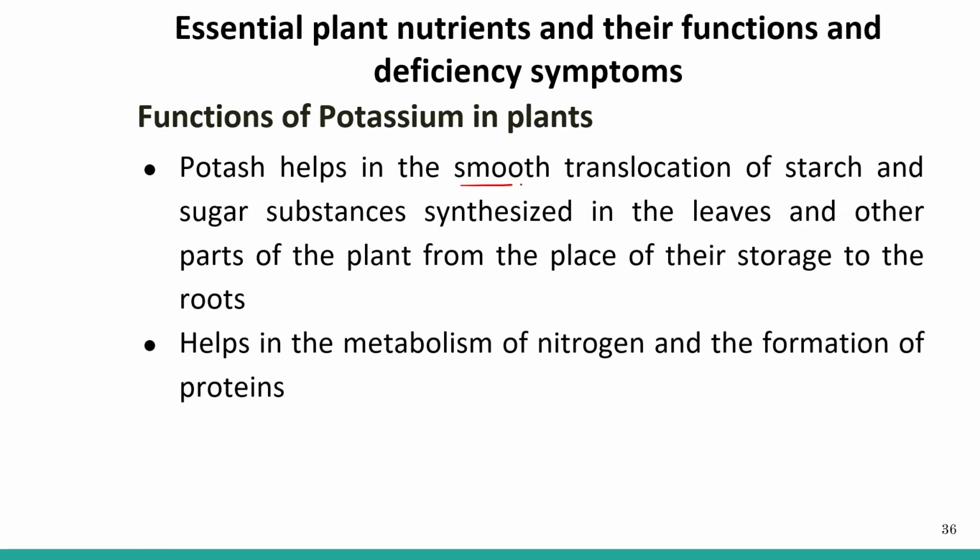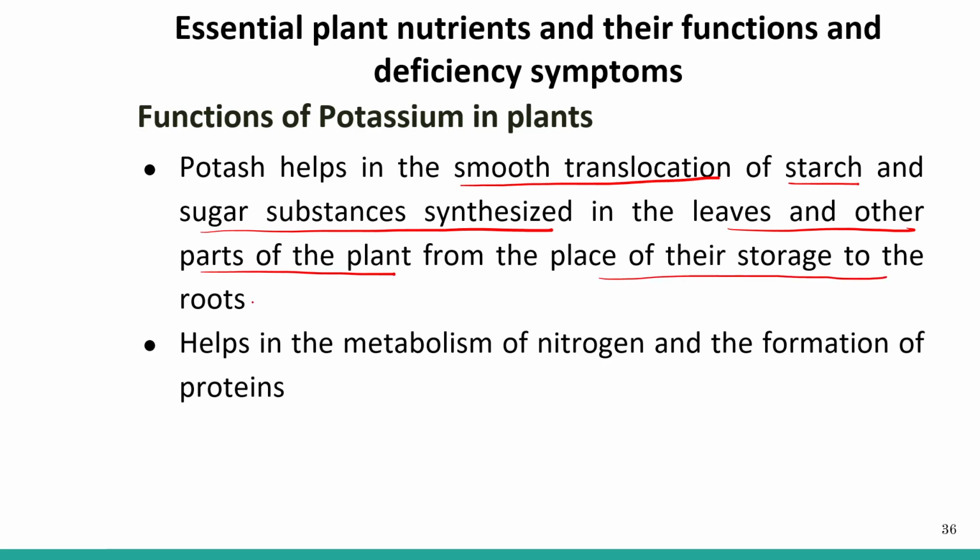Potash helps in the smooth translocation of starch and sugar substances synthesized in the leaves and other parts of the plant from the place of their storage to the roots. Sugar substances are synthesized in the leaves, but sometimes they get stored in the roots, so for their transportation, we require potash, right?